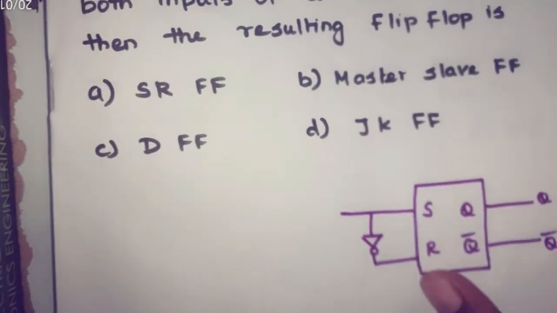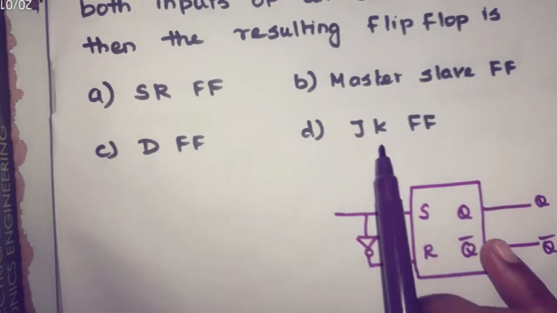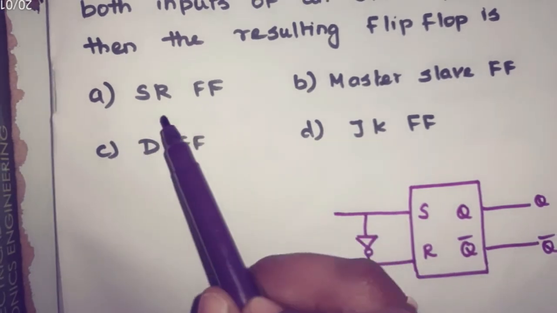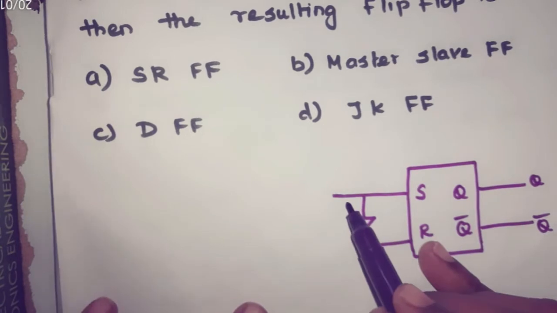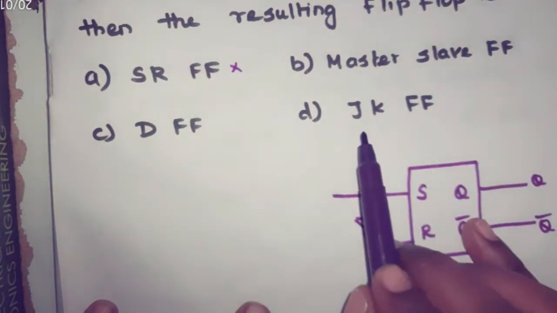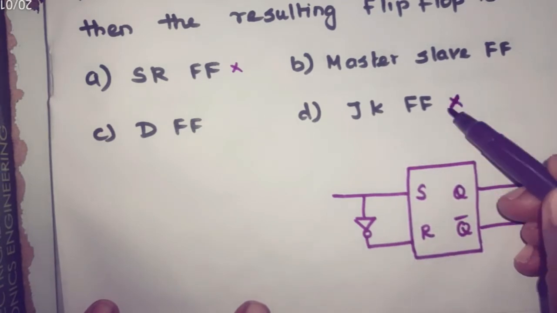Okay. So here the options are SR flip-flop, master slave flip-flop, JK flip-flop and D flip-flop. If you take SR flip-flop, there are two inputs, but here there is a single input, so it will not be the correct one. In JK flip-flop also there are two inputs, so it is also wrong.